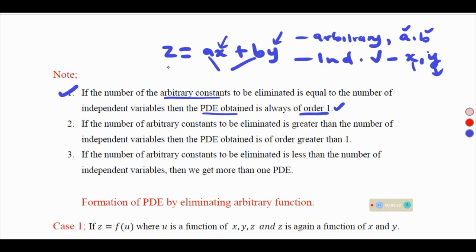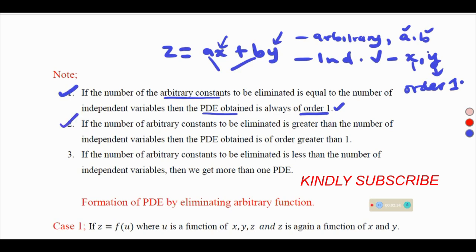When you eliminate such arbitrary constants, you will obtain a partial differential equation of order 1. We need to take note of that, especially when dealing with the formation of a partial differential equation by eliminating arbitrary constants.